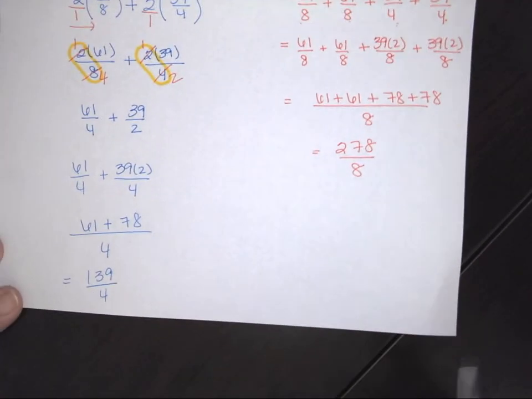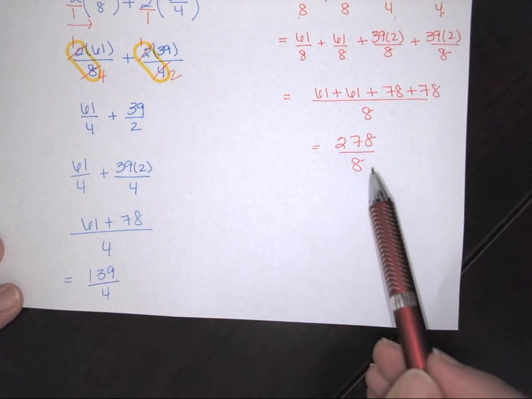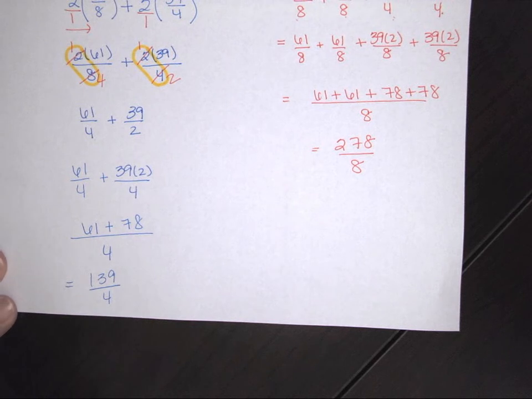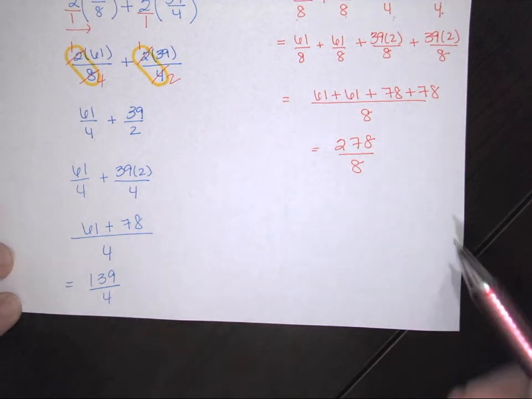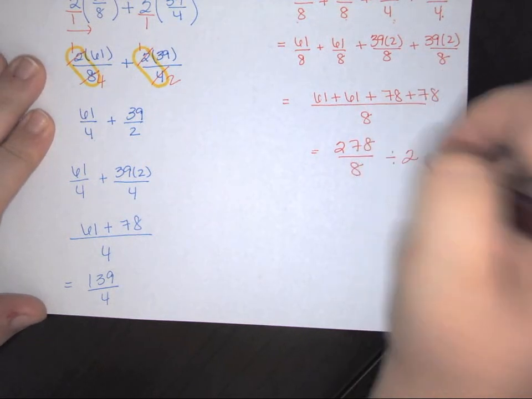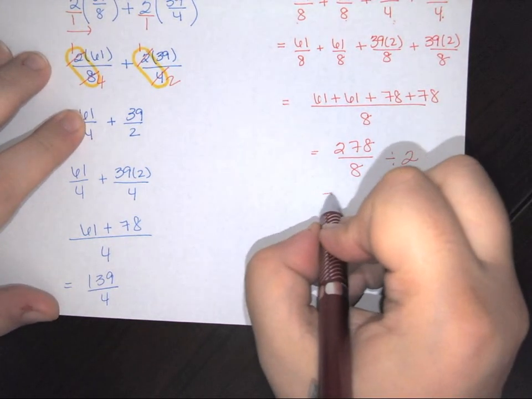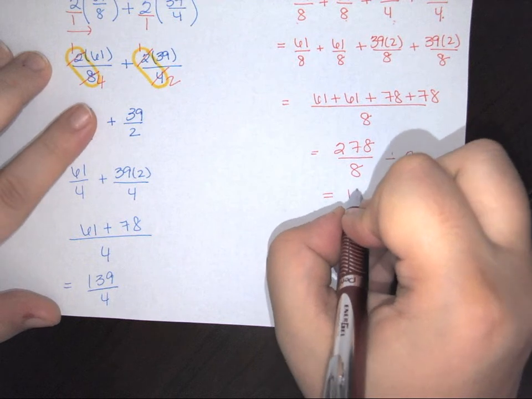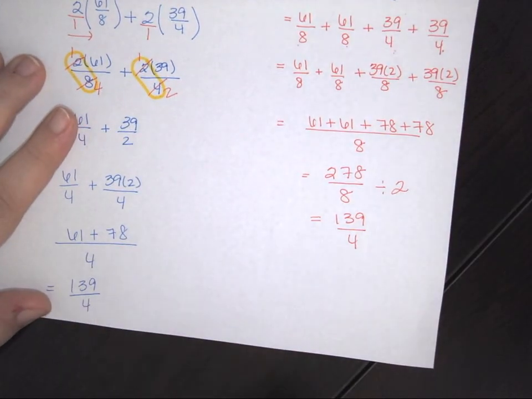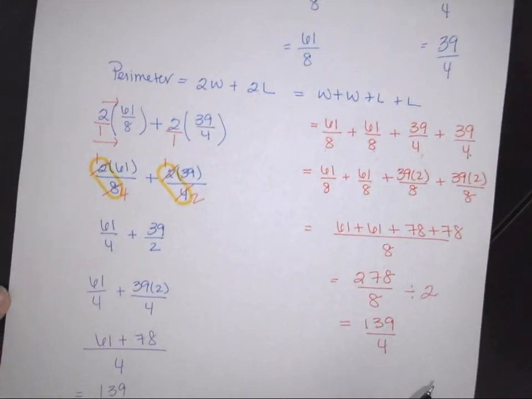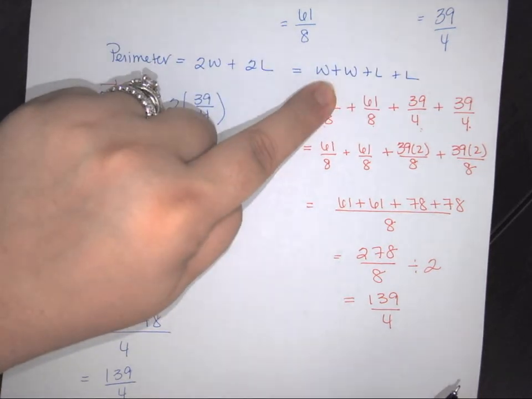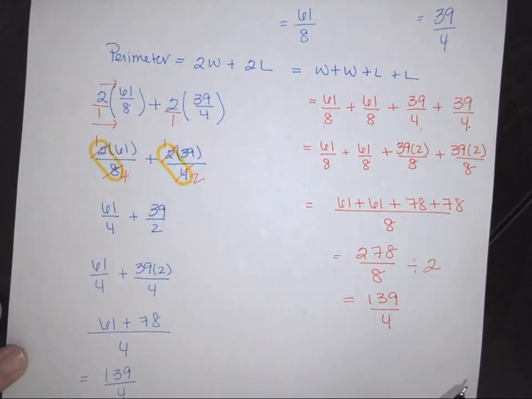Now, you might be thinking, hold up, wait a second, aren't these two completely different numbers? Well, they're actually not, because if I divide top and bottom over here by 2, you would notice that this one reduces down to 139 over 4. And looky there, they're the same number. So whether you use the formula, twice the width and twice the length, or you just simply add them all up as you go, you're going to get the same result.